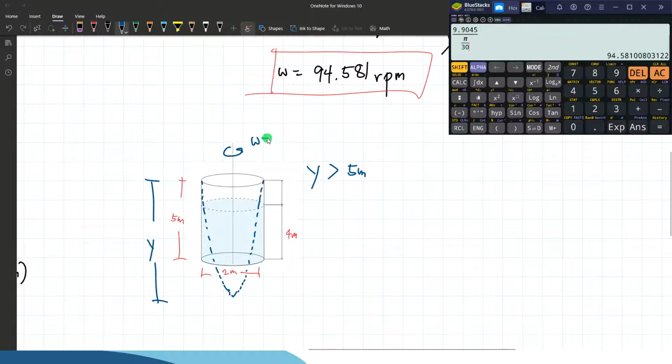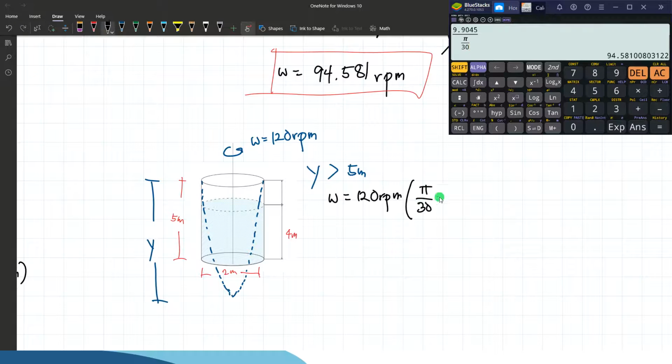So if we have W, which is 120 RPM, let's convert that first to rad per second. To convert that, just multiply by pi over 30. So 120 multiplied by pi over 30.